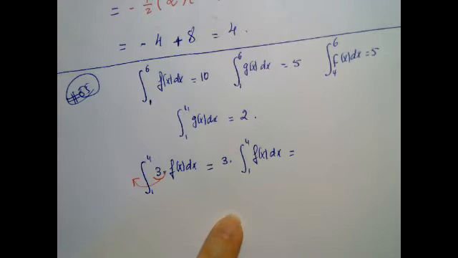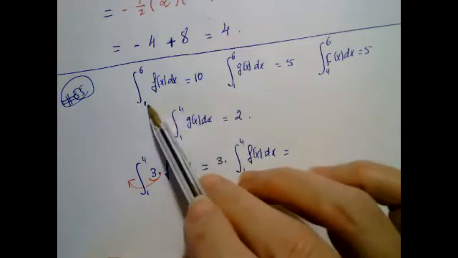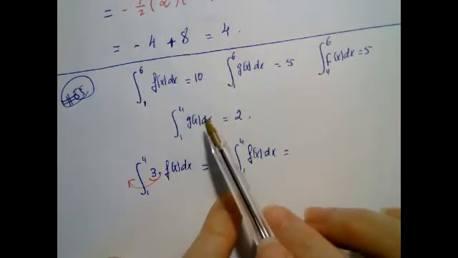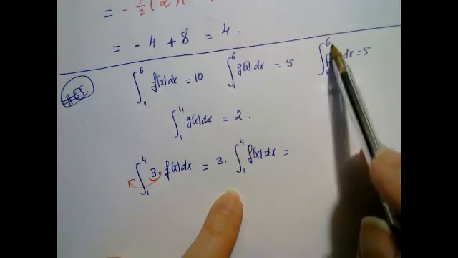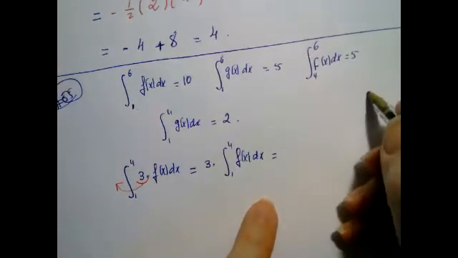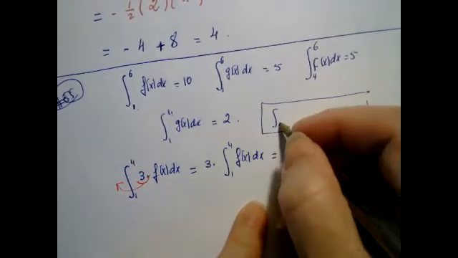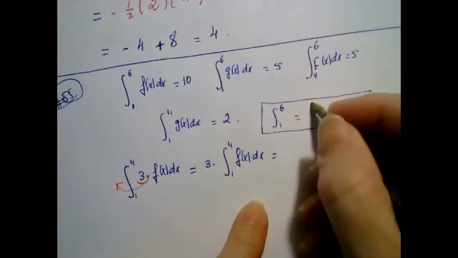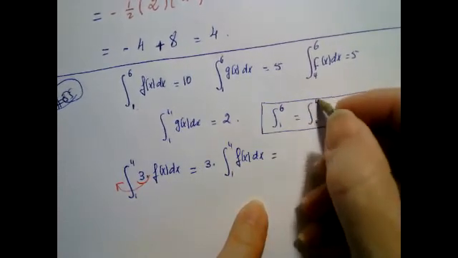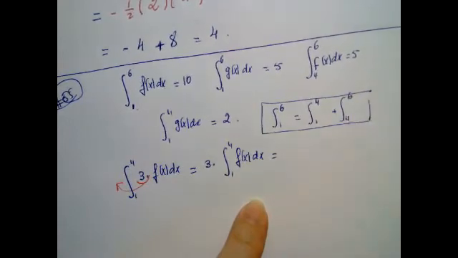Now, integral from 1 to 4 of f, we don't have it because I have from 1 to 6 and I have from 4 to 6 and I want from 1 to 4. So we're going to do exactly what we did yesterday. So what do we have? We know that the integral from 1 to 6 can be split into from 1 to 4 plus from 4 to 6. Okay, we know that.